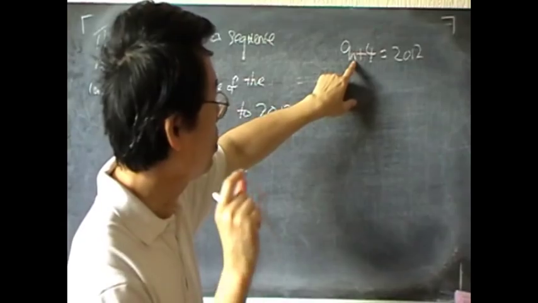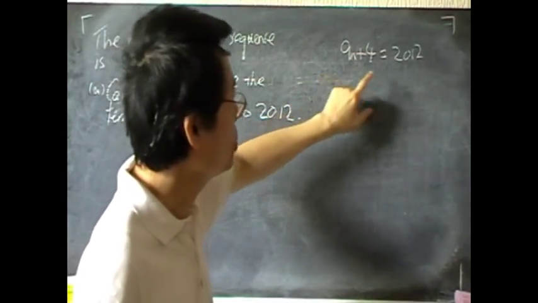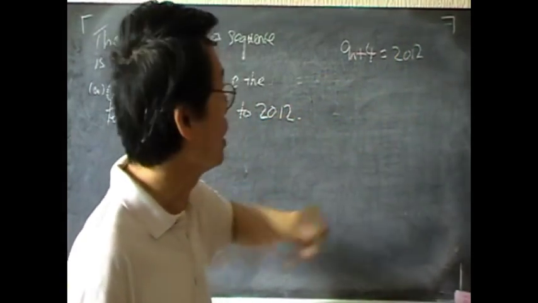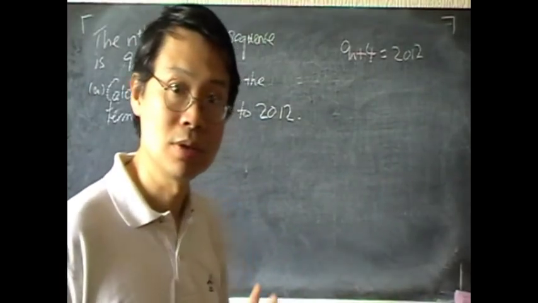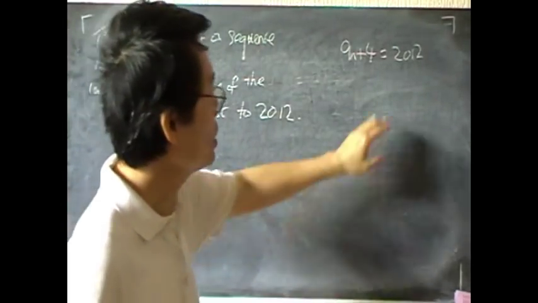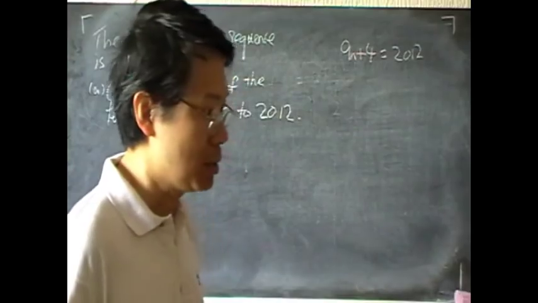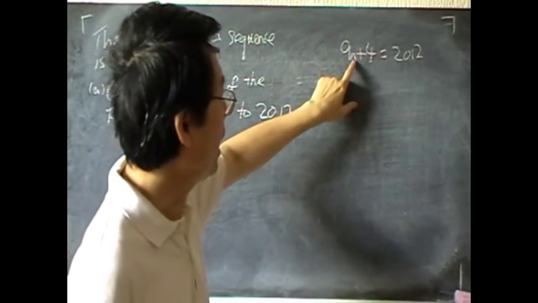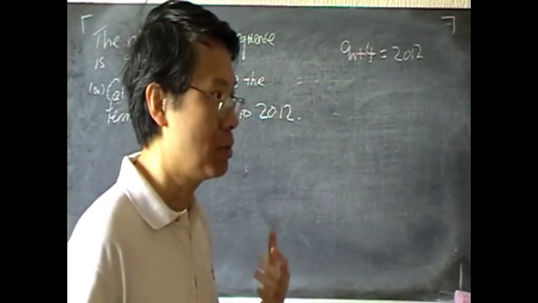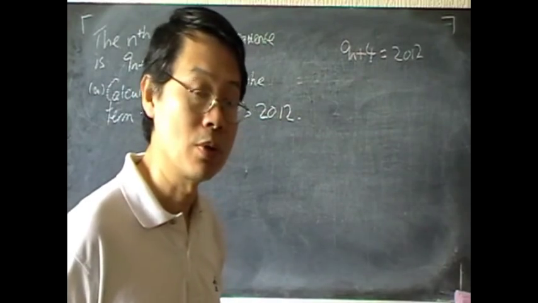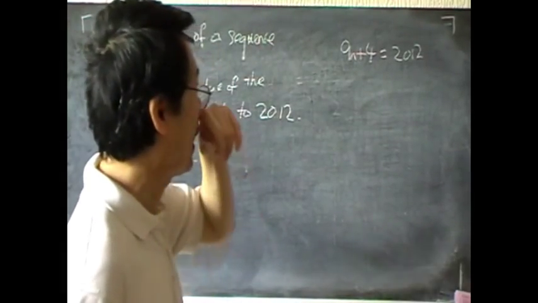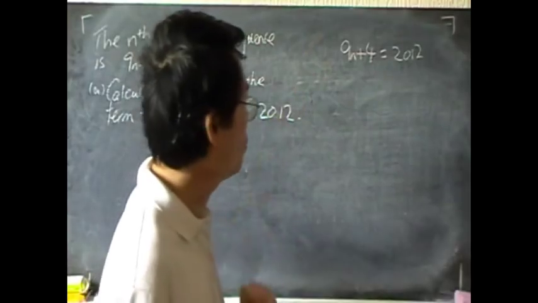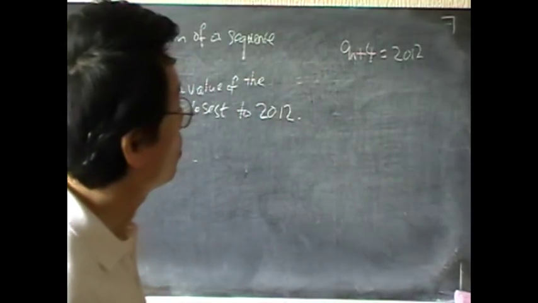But because this is not one of the terms, if I solve this equation, n could be some fraction and not a whole number. So let's solve this and see what we find.